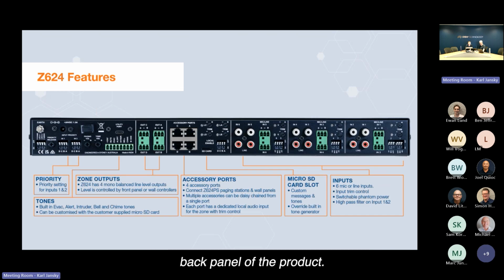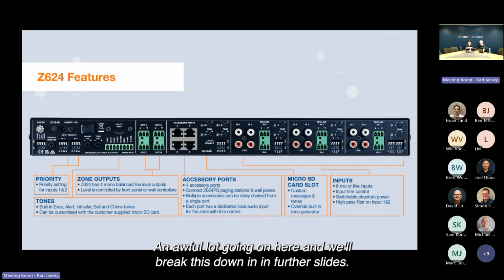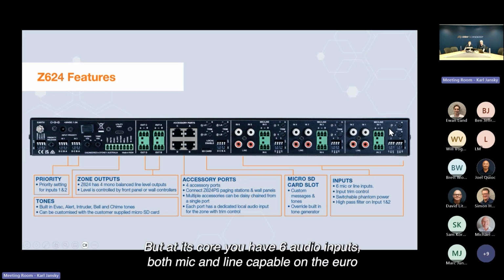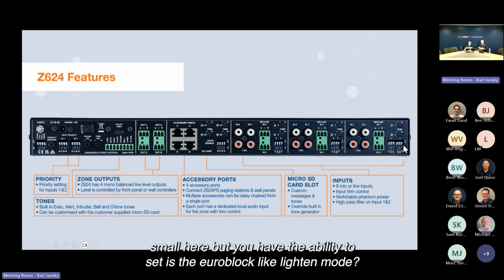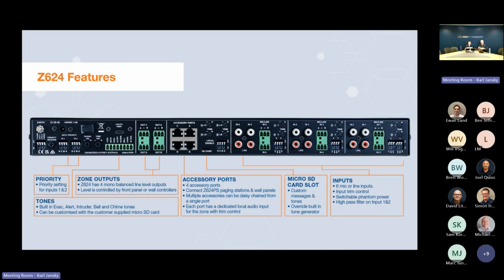So onto the back panel of the product. An awful lot going on here, and we'll break this down in further slides. But at its core, you have 6 audio inputs, both mic and line capable on the Euroblocks here and line on the RCAs. On input 1 and 2, this is a bit small here, but you have the ability to set: is the Euroblock mic or line mode?